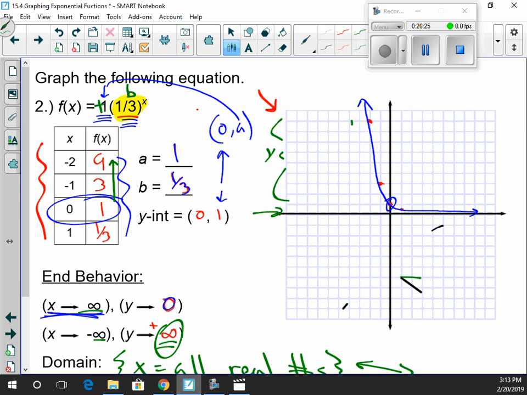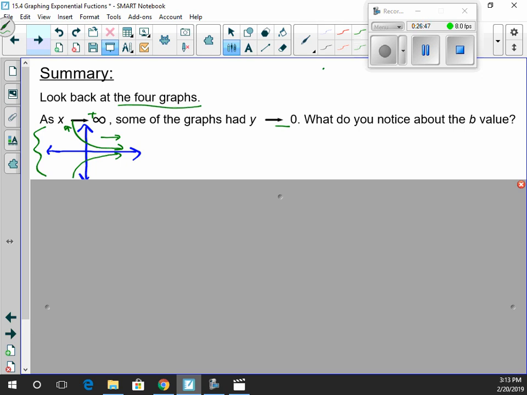And we talked about this a little bit last time. b is less than 1, but also greater than 0. We talked last class, because everything was positive, is it getting smaller? But really what we're doing is approaching 0, but now from two different directions. So if we answer this question, what do we notice about the b value for a graph that looks like this?